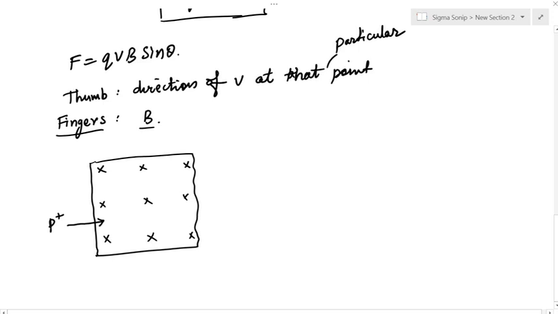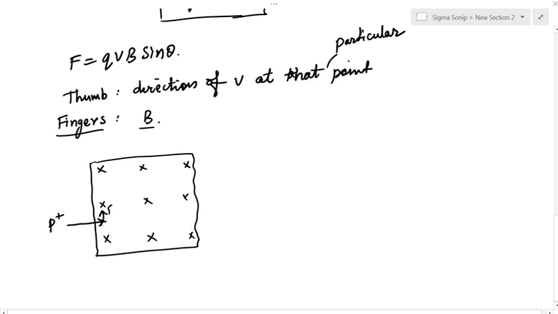We can apply the right hand palm rule here. If we put our thumb in a direction parallel to the velocity and fingers in a direction perpendicular to the page, going into the page, we see that the force on this proton at this particular point will be in this direction.